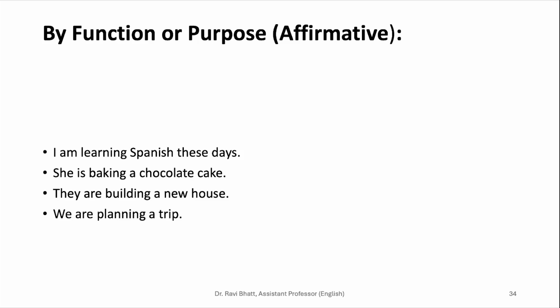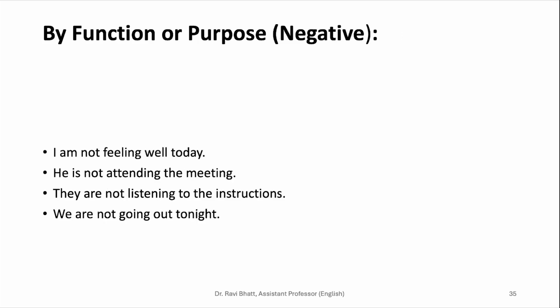They're building a new house, we are planning a trip. In the very same way, negative formations always have words like no, not, never. I'm not feeling well today. He's not attending the meeting. They're not listening to the instructions, and we are not going out tonight. All these are negative sentences.